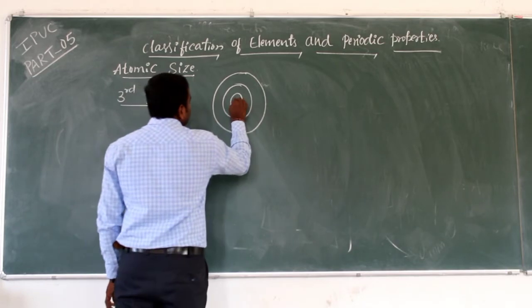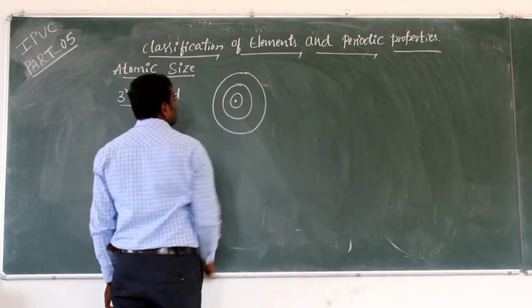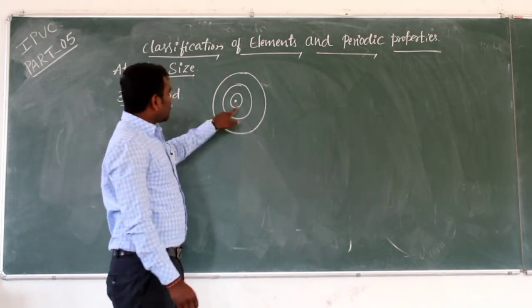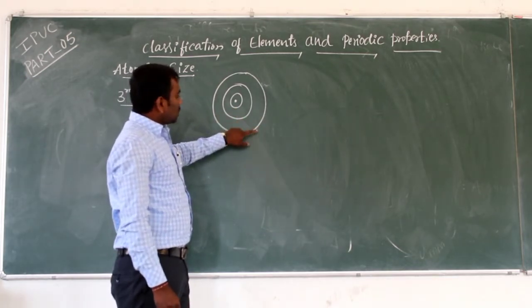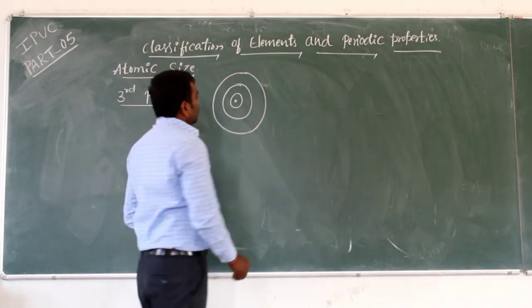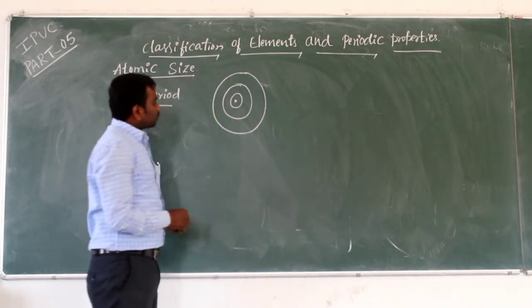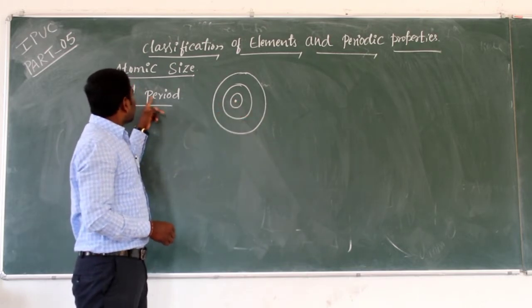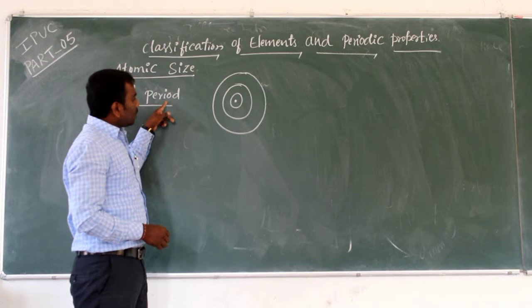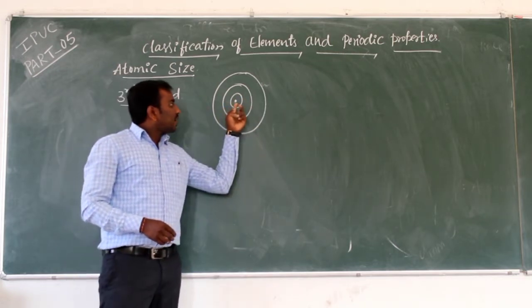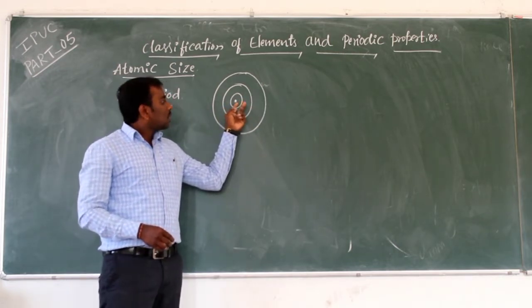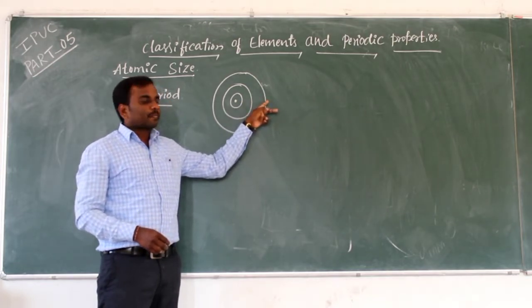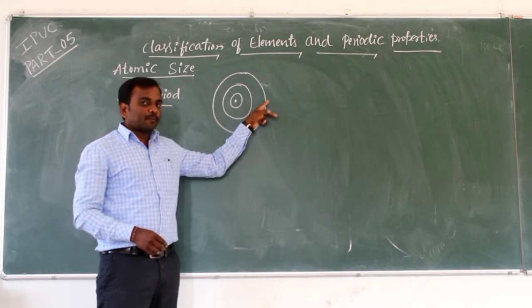This is the nucleus. First shell, second shell, third shell: K shell, L shell, and M shell. Here, in third period, this is the center of the nucleus. This is the outermost shell. Is it clear? Here, the outermost shell is the M shell.